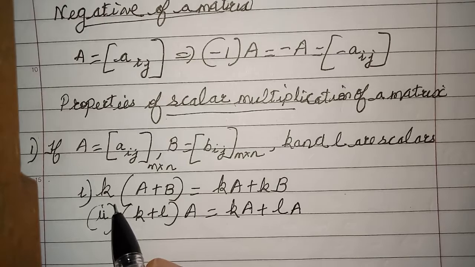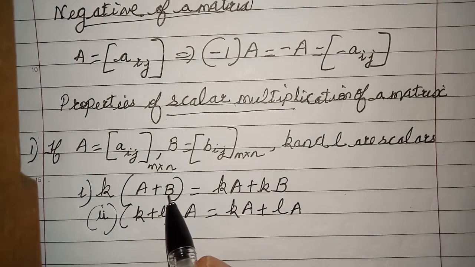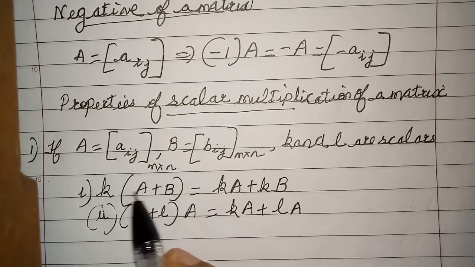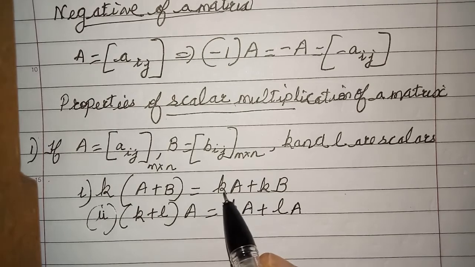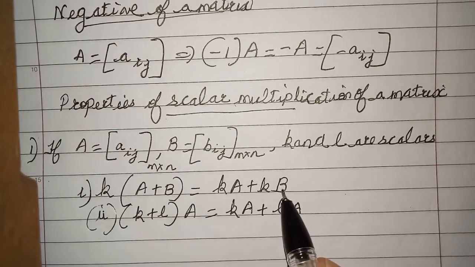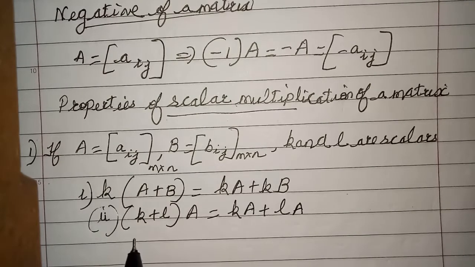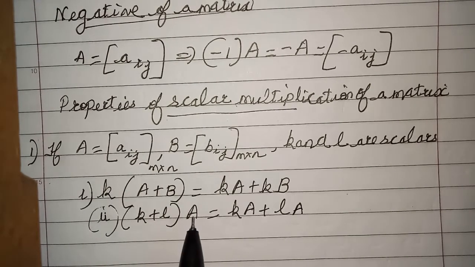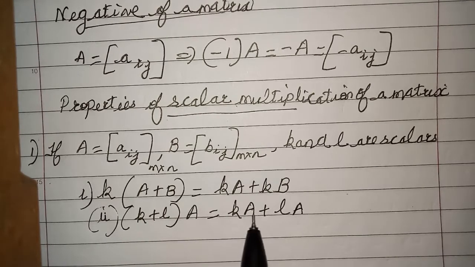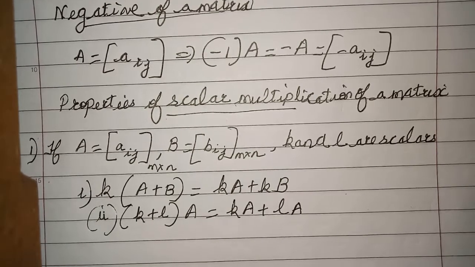So what you are doing here: first you are adding the matrices, then multiplying by a scalar is the same as multiplying each matrix by the scalar separately and then adding. It is very obvious, right? Here, if two scalars are given to multiply a matrix, then you add the scalars and then multiply, which is the same as multiplying individually with the two different scalars and then adding.